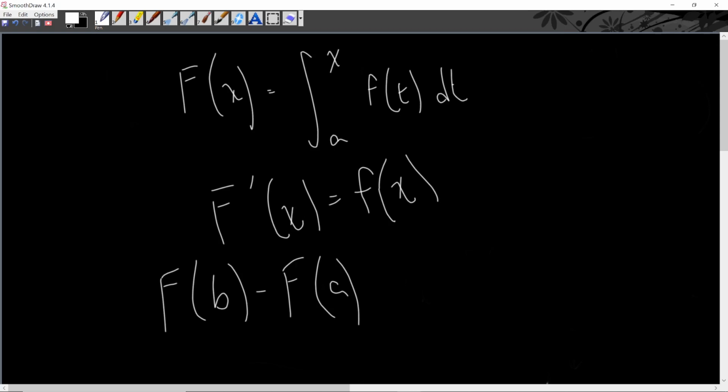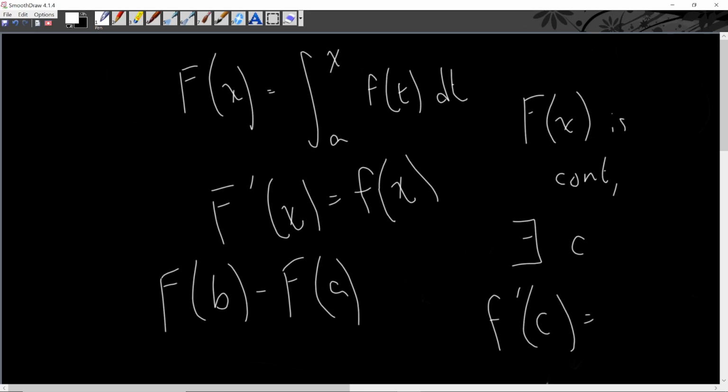If big F of x is continuous, because again, it is differentiable, then there exists a c such that you can find the derivative.